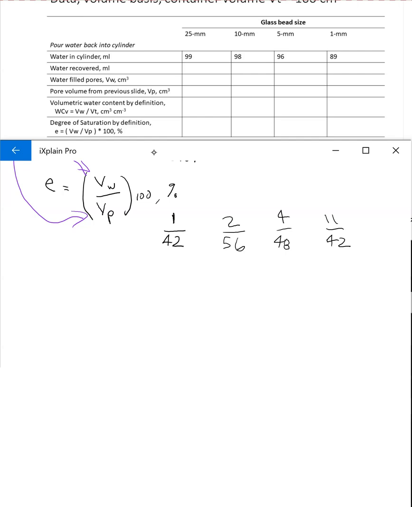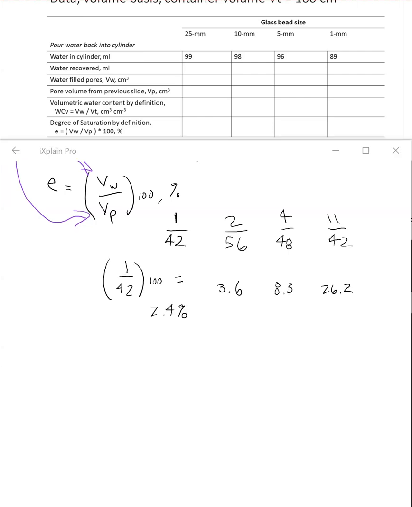But now's the time for the calculator. When we do our calculations, we find 2.4%, 3.6, 8.3, and 26.2.